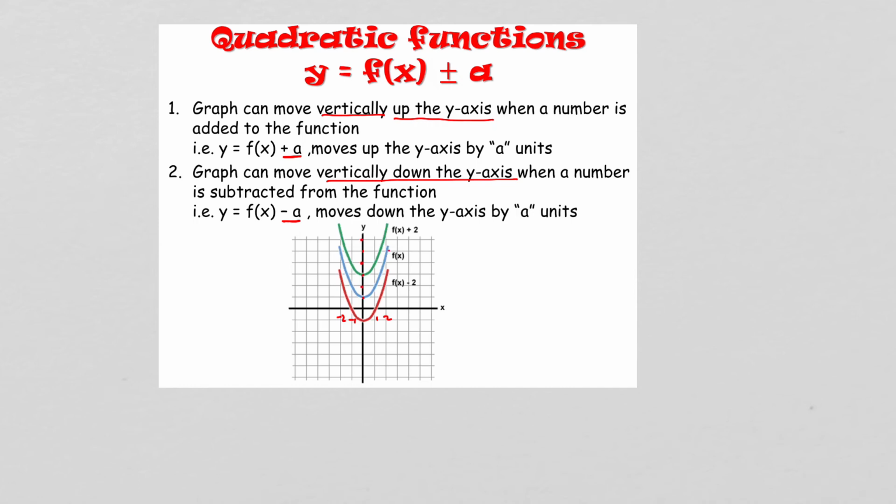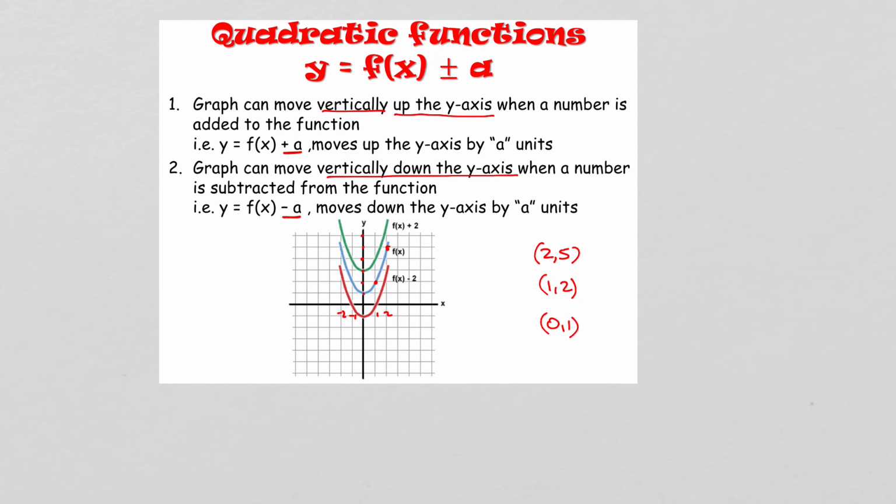If I pick coordinates on the blue graph: out to 2 and up to 5, out to 1 and up to 2, out to 0 and up to 1, out to -1 and up to 2, and out to -2 and up to 5. Let's say that's my graph f of x, whatever the function is.